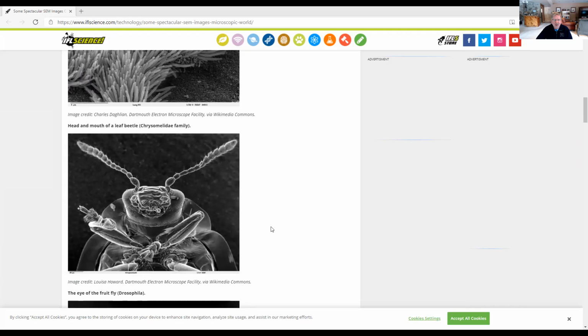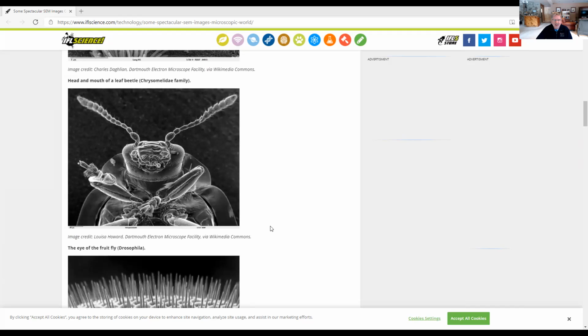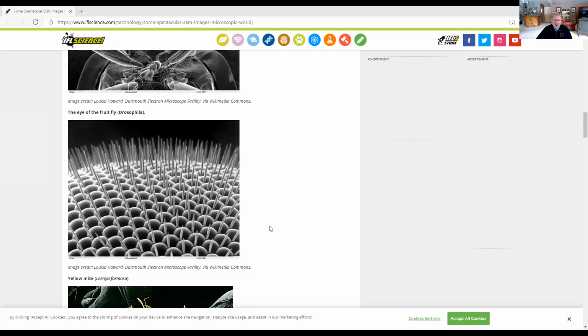There's a head and mouth of a leaf beetle. The eye of a fruit fly. Insect eyes have compound lenses. So each one of these little circular structures is an individual lens. You have just one lens in each of your eyes. Insects and other arthropods have what are called compound eyes.